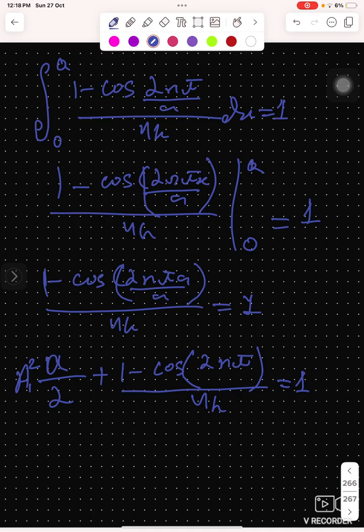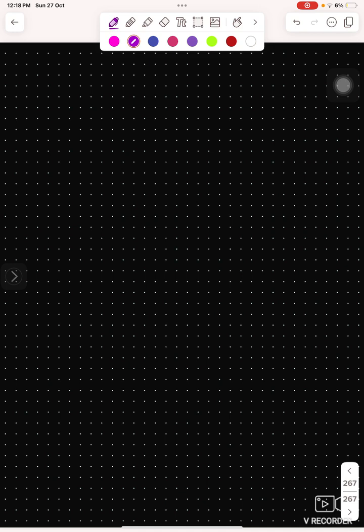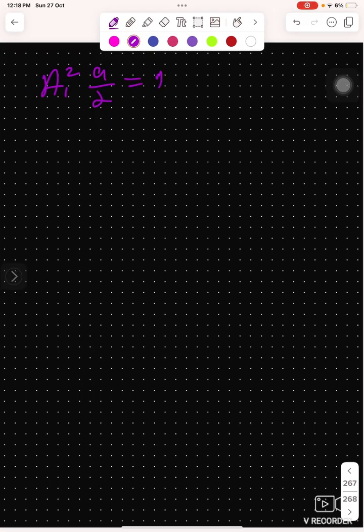Know that this whole thing will give a constant value, a constant graph, so we could say this whole thing equals 0. So we are left with a1 square of a over 2 equals 1.